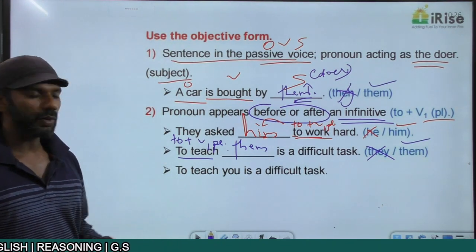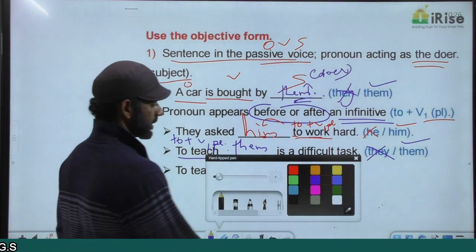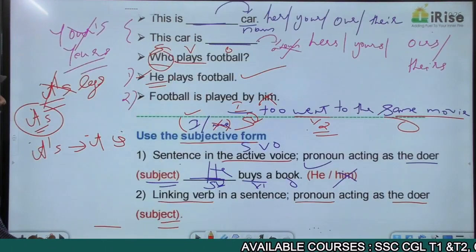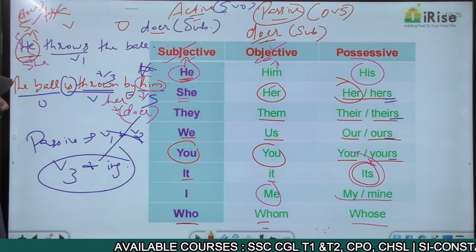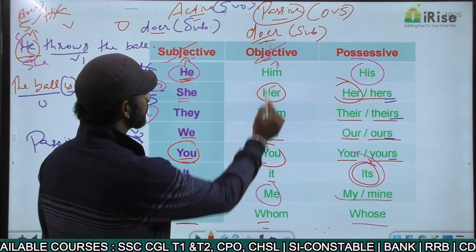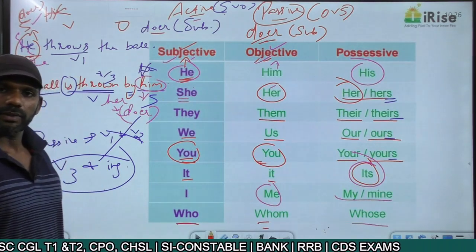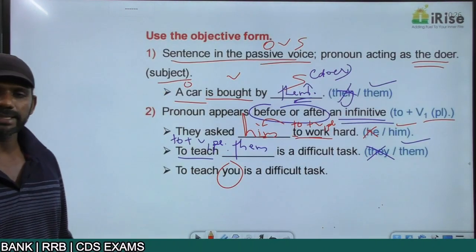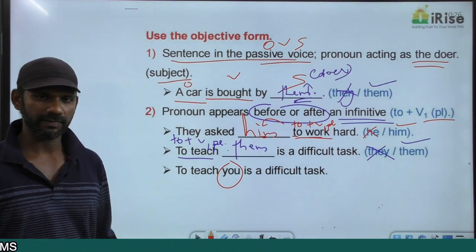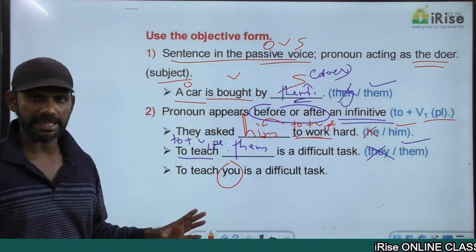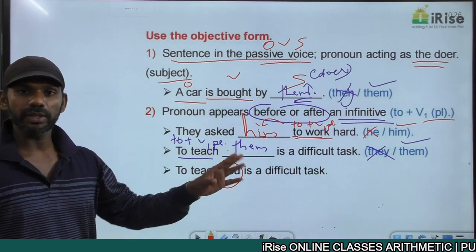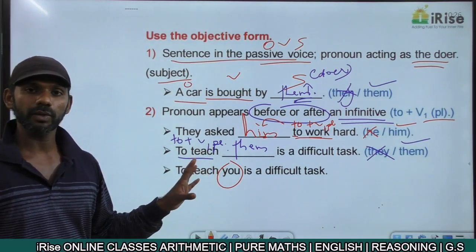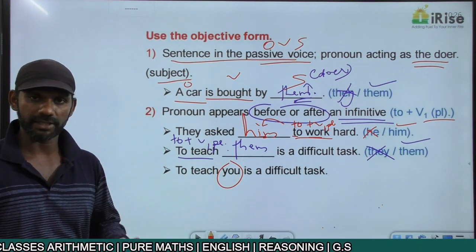Next one. To teach you is a difficult task. Now the pronoun you is both subjective and objective. I told you, based on the rules, you must be able to identify whether you in a sentence is subject or object. My question is, in this sentence, is the pronoun you in the subjective form or objective form?